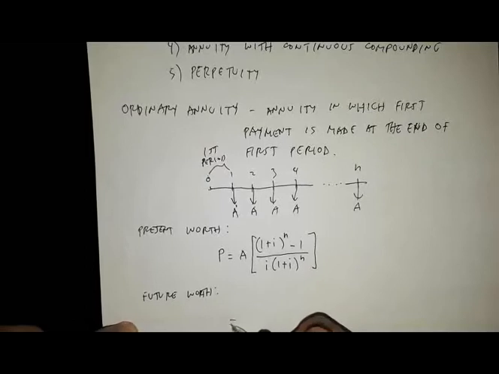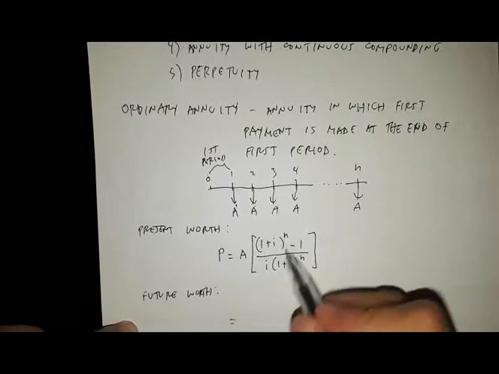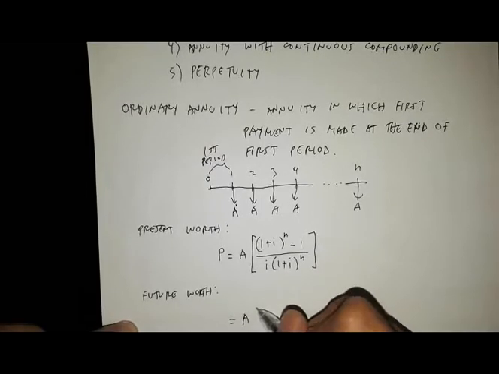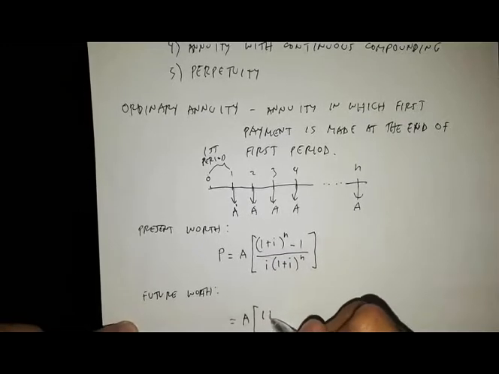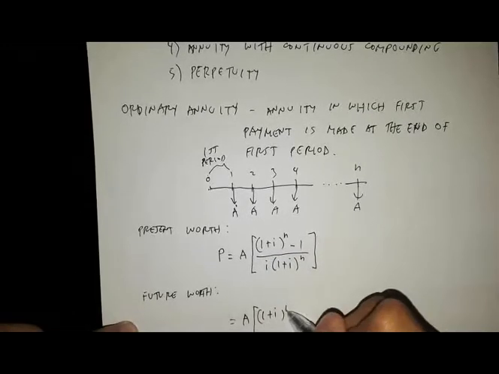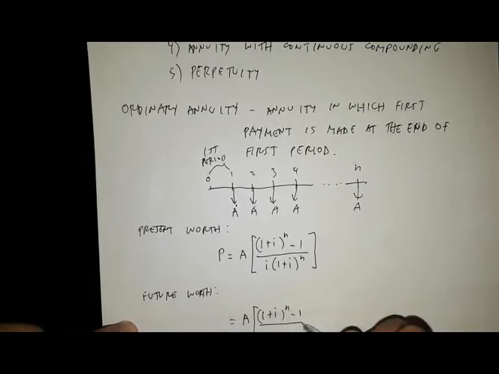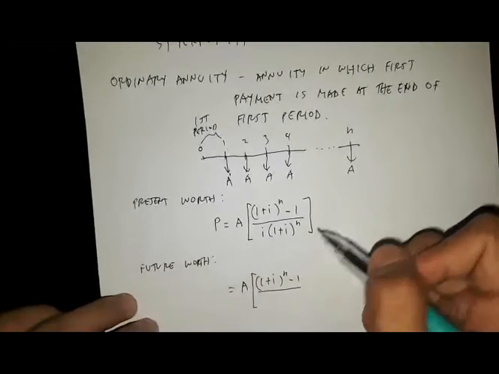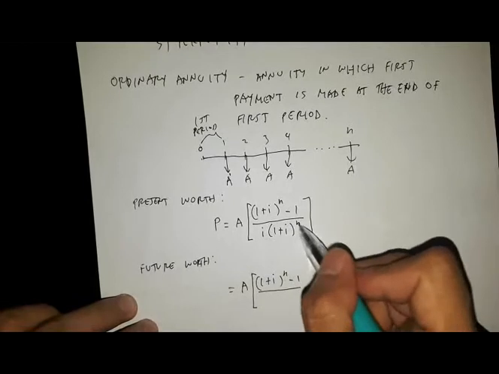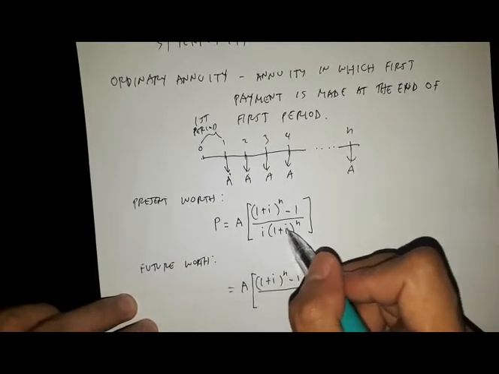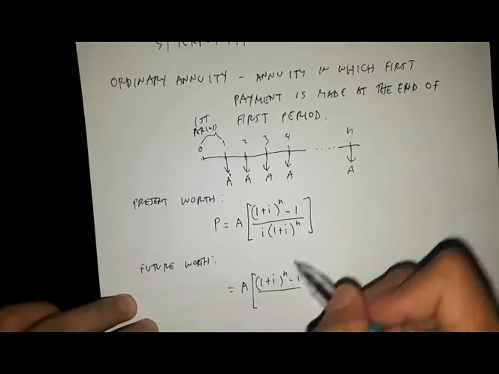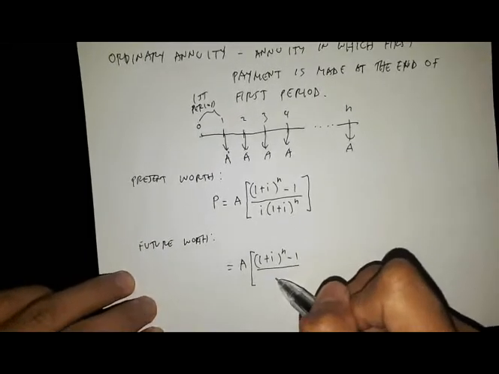For the future worth, just copy the formula A multiplied by the whole numerator, the quantity of (1 plus i) raised to n minus 1 over, and remove the expressions in parentheses, so the denominator here is only i.